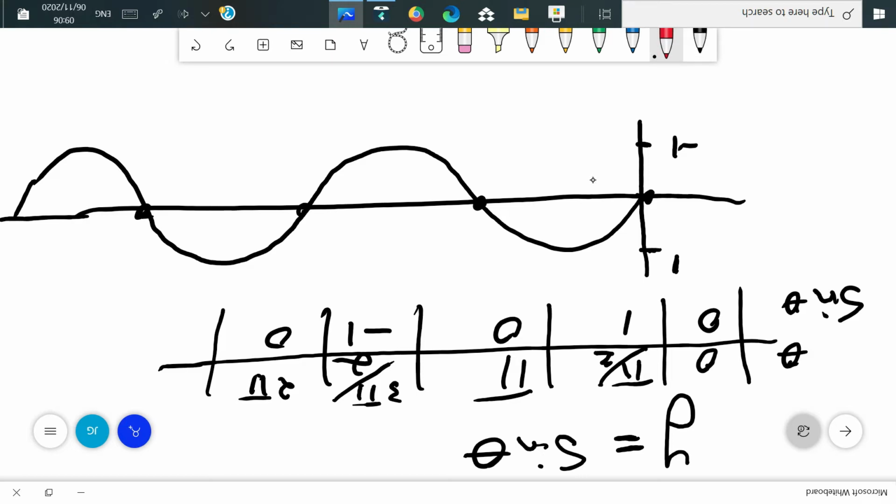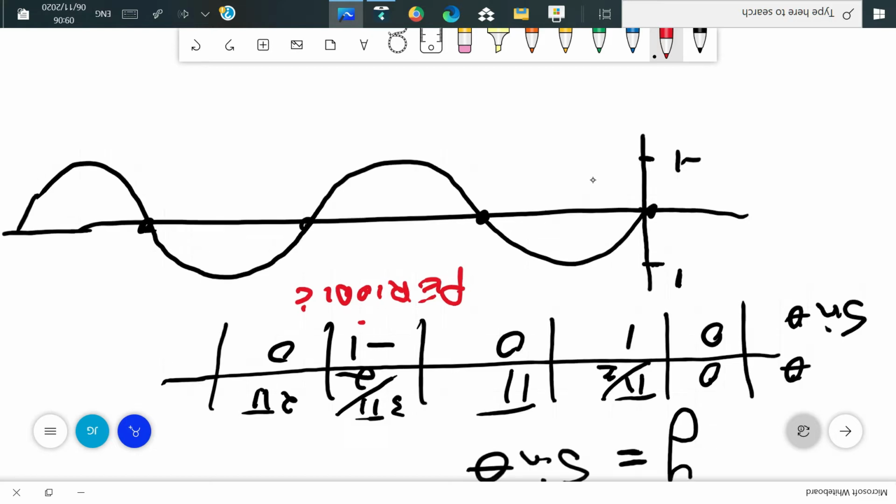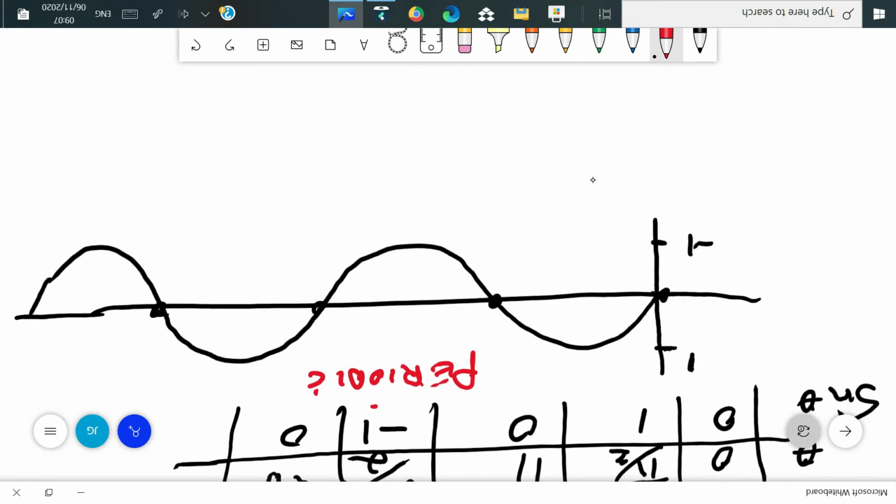Now this graph is called a periodic graph because it repeats itself. As you can see, they have a better picture in because they've run it as far as 7 pi. You can see it in the book. And we can see it's periodic in the sense that it repeats itself.